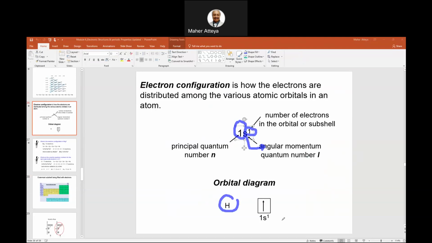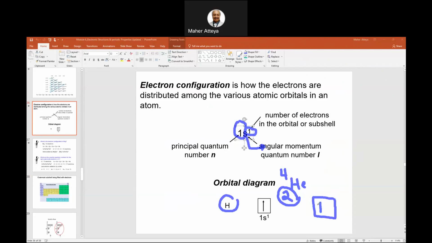Now, if I go for helium, helium has atomic number 2. Atomic mass is 4. We're not interested in the atomic mass, we're interested in the atomic number. So for helium, now we have to watch. 1 is up, correct?